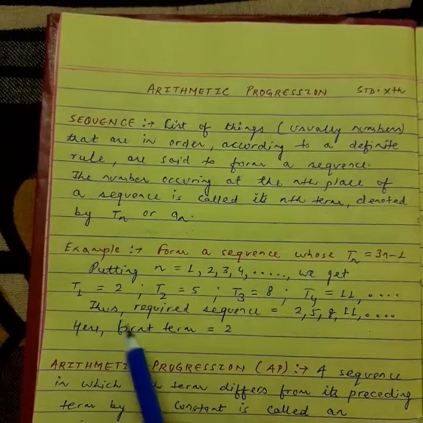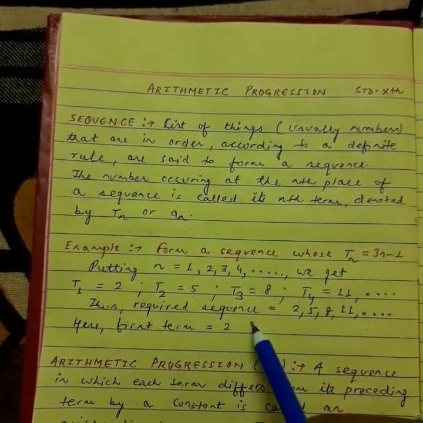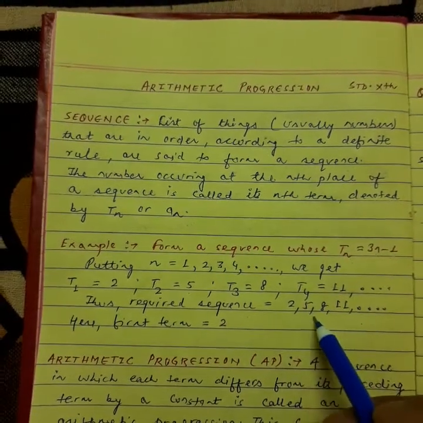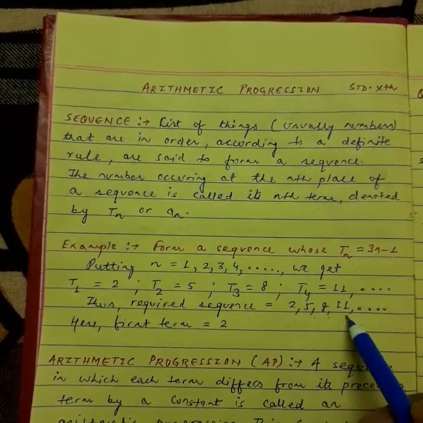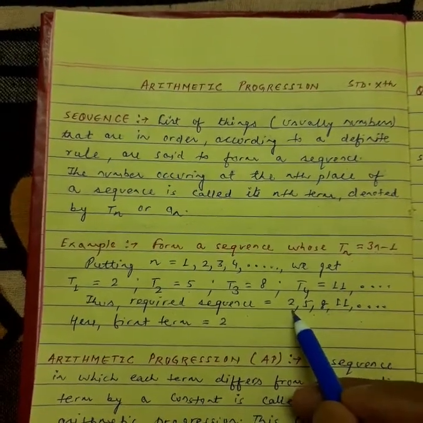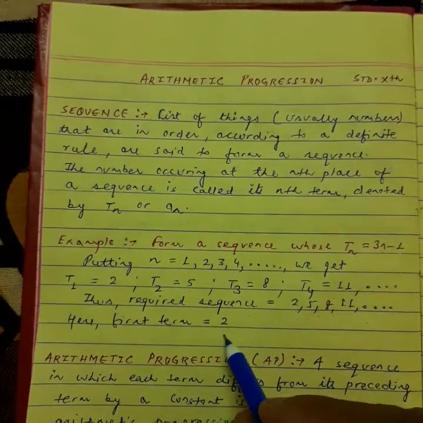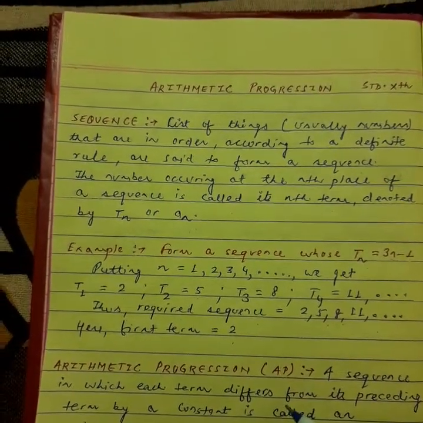So for this rule, our required sequence will be 2, 5, 8, 11 and so on. This 2 can be called the first term of the sequence. So this is the meaning of sequence.